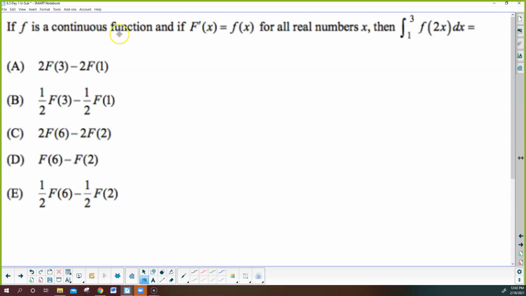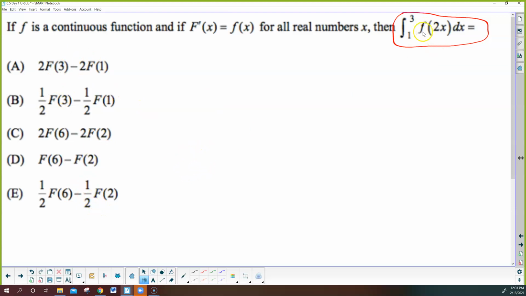And it says, if f is a continuous function and the derivative of f is equal to f of x, this is basically saying that if I took the derivative of an antiderivative, I get the original function. But they're really telling me this right here. I have to evaluate that, and I want to rewrite it in a more fancy function.